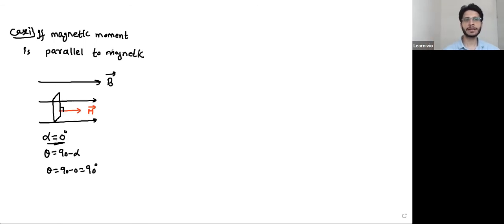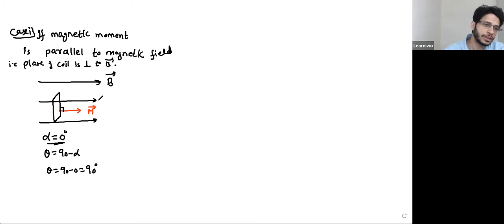So if I'm saying that magnetic moment is parallel to magnetic field, that is plane of coil is perpendicular to B. Because in questions you never know. He can give the question in this way, that magnetic moment is parallel to magnetic field, or that plane of coil is perpendicular to magnetic field. So either your alpha is equal to 0 or your theta equal to 90 degree.